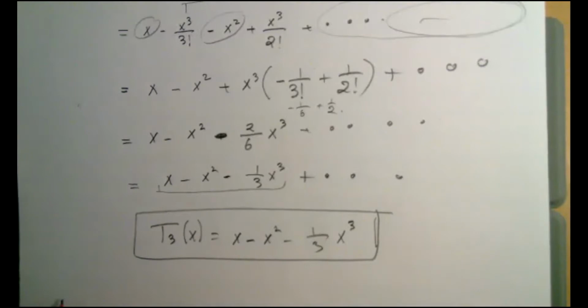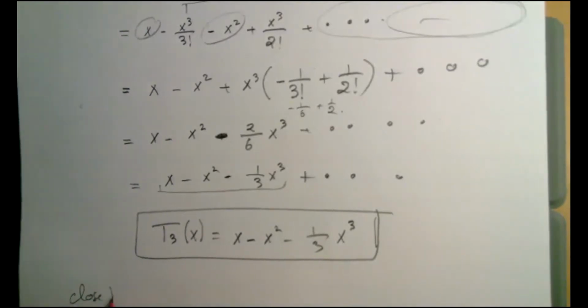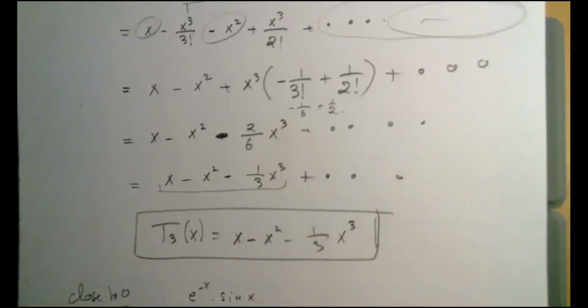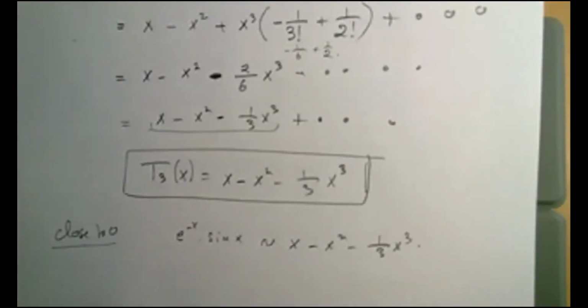So when I am close to zero, I will have a good approximation. It means when I am close to 0, e to the minus x can take almost the same value as this. As I get away from 0, I need more terms to approximate that.